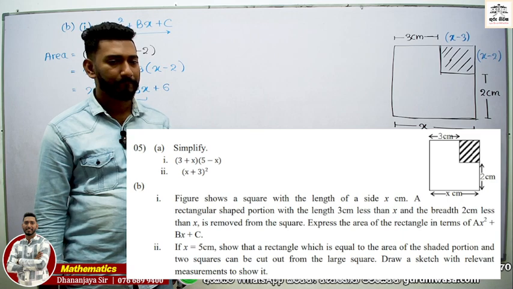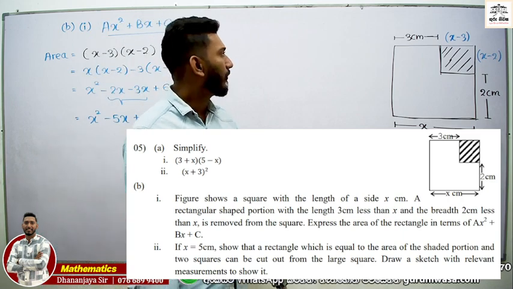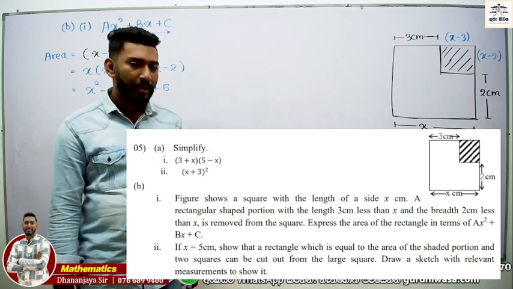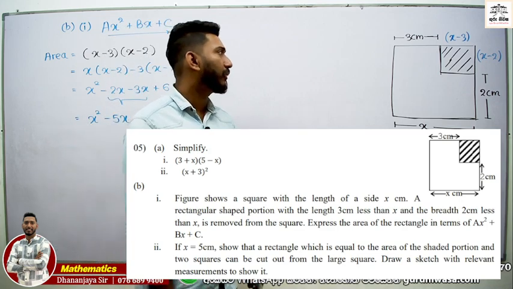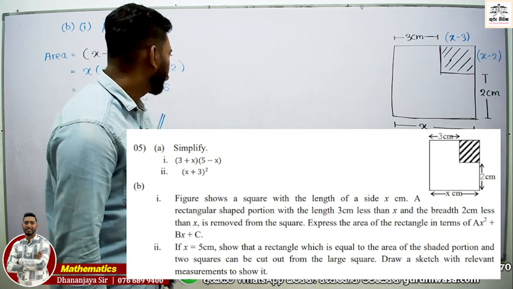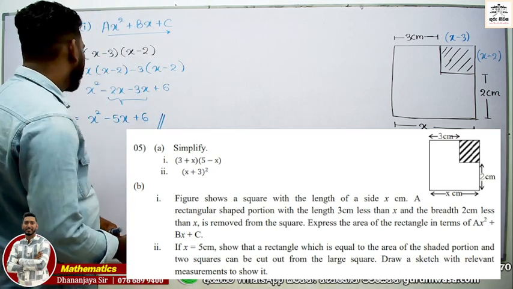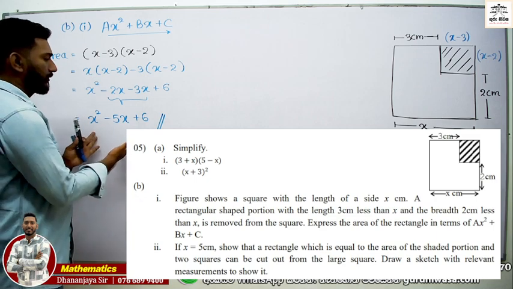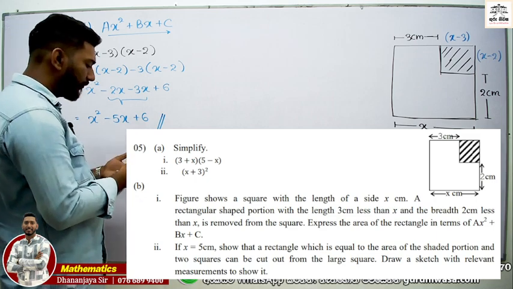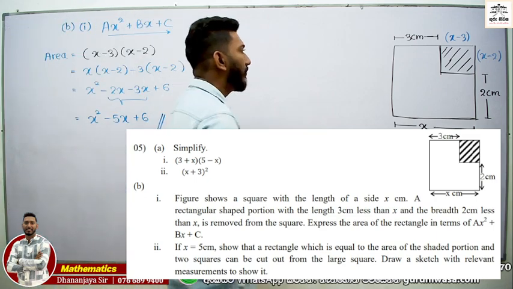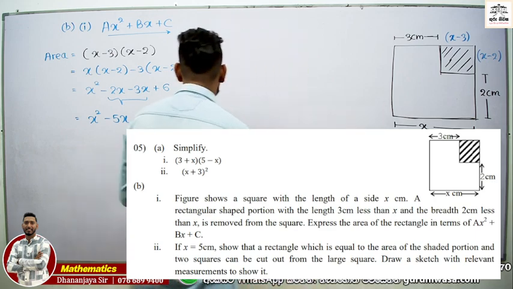Look at this. If x becomes 5 cm, now you know the length and breadth, and you can find these two things.